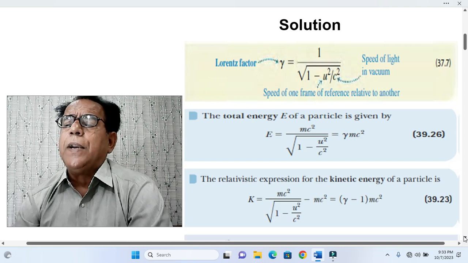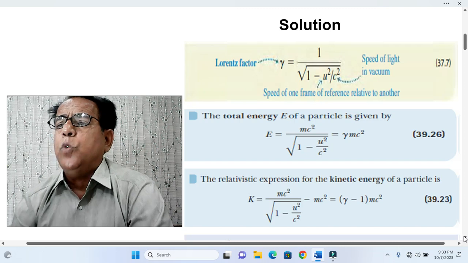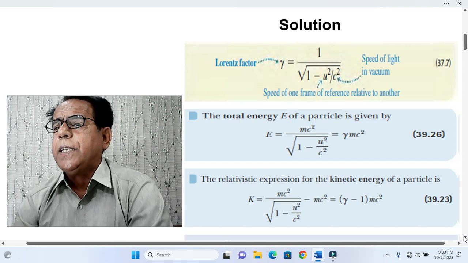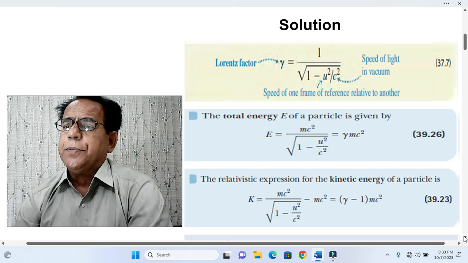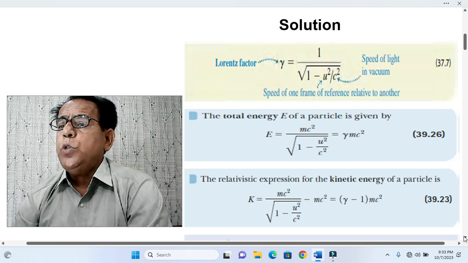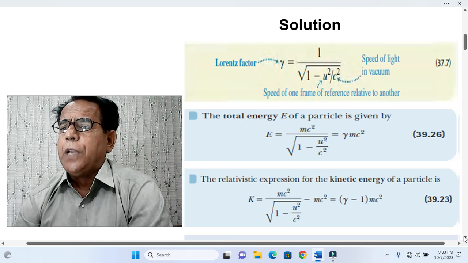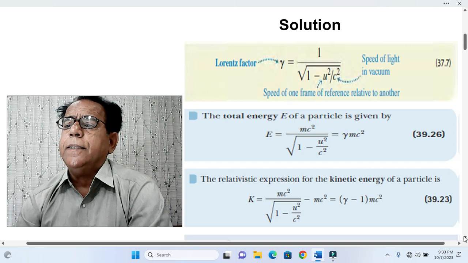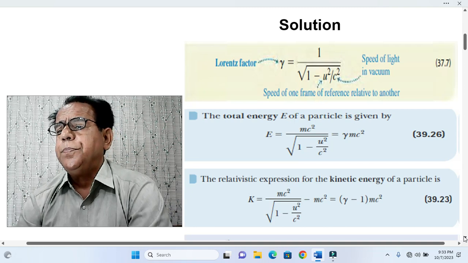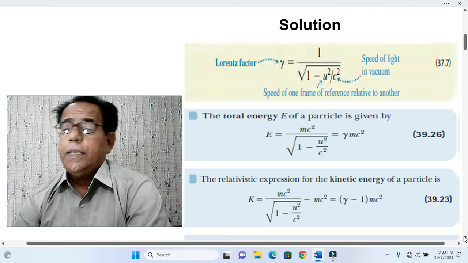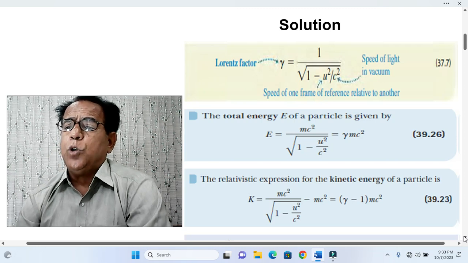First snapshot is about the Lorentz factor. Lorentz factor gamma is equal to 1 over under root 1 minus u square over c square, where u is the speed of one frame of reference relative to another, while c is the speed of light in vacuum. Second snapshot deals with total energy.